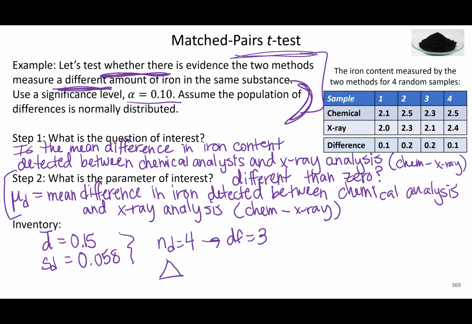But because it is a hypothesis test, my null difference is going to be 0. Because the really uninteresting scenario is if the two methods have the same exact iron content detected. That means that the differences on average will be 0.